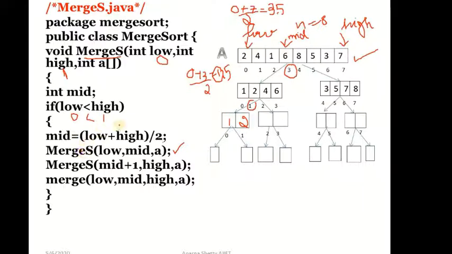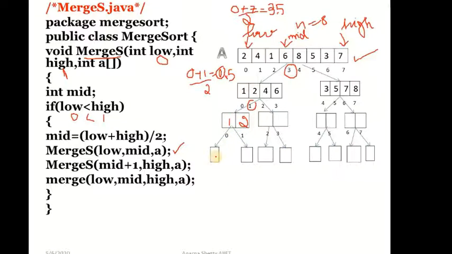Yes. Again it will compute the mid now. Mid value will be 0 plus 1 by 2. What is 0 plus 1 by 2? You will get 0.5. We want only the integer part. Since mid is an integer element, the integer part is 0.